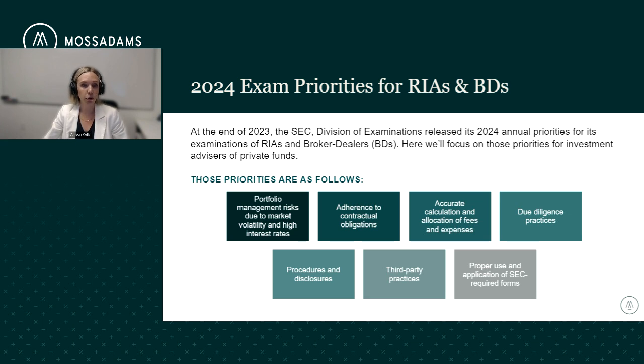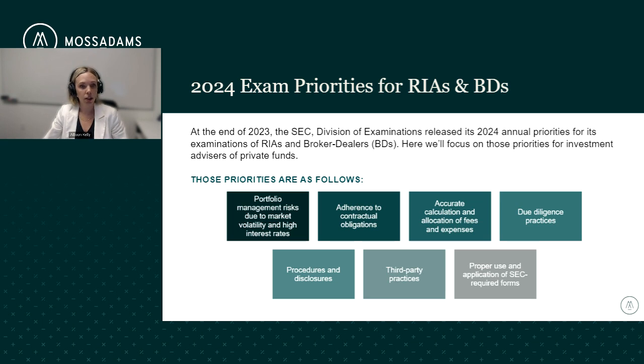First, a focus on portfolio management risks presented when there is exposure to recent market volatility and higher interest rates. This may include private funds experiencing poor performance, significant withdrawals, and valuation issues, and private funds with more leverage and illiquid assets. Next, adherence to contractual requirements regarding limited partnership advisory committees, including adhering to any contractual notification and consent processes.